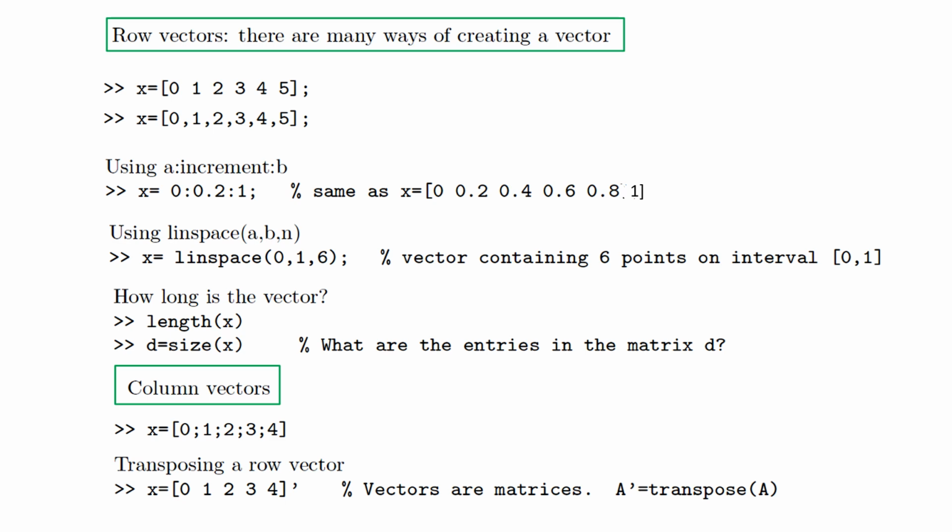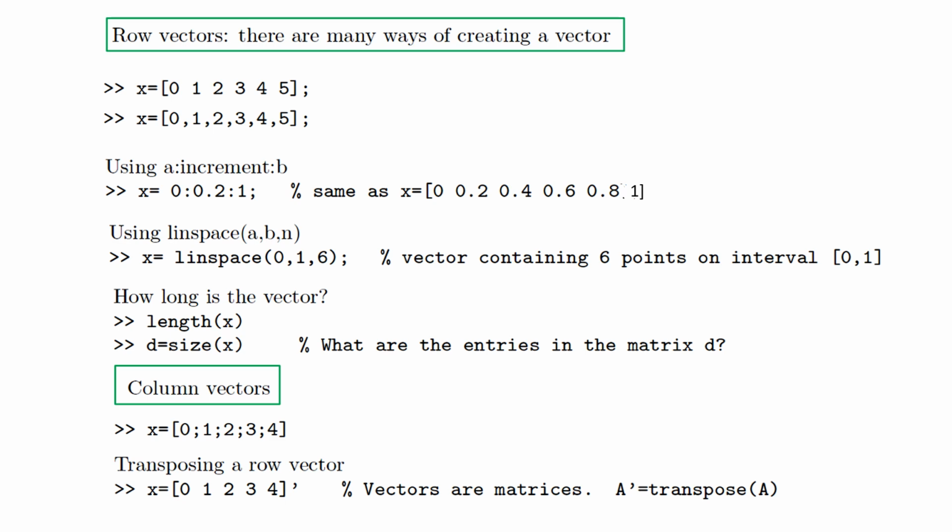Another way to create a row vector is to call the inbuilt function linspace in MATLAB. The syntax is linspace a, b, n, where linspace is the inbuilt function and it will generate a row vector of n number of points which will be linearly spaced between the initial starting value a and the final value b.